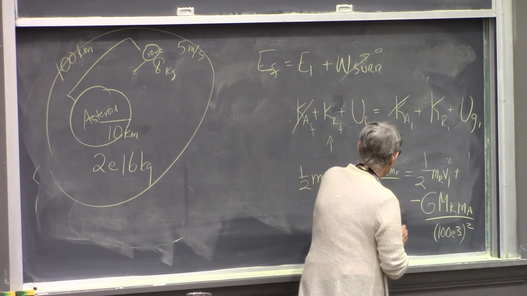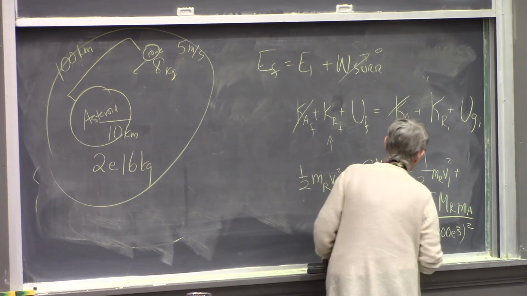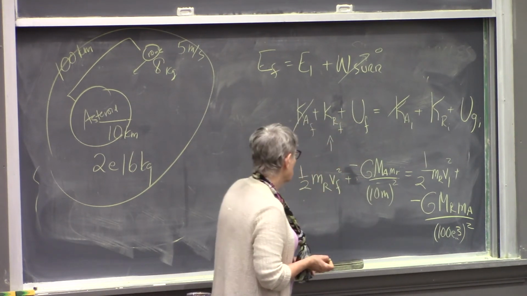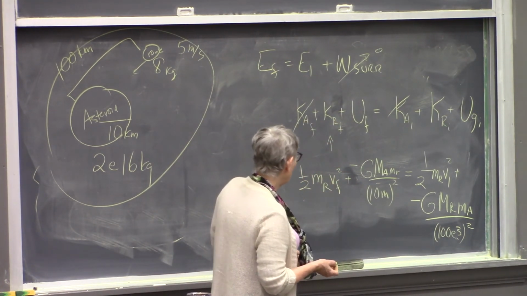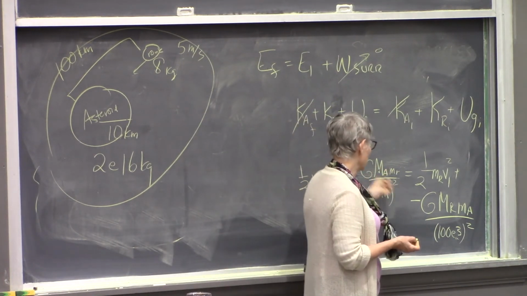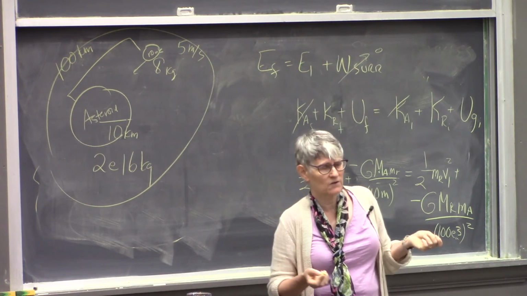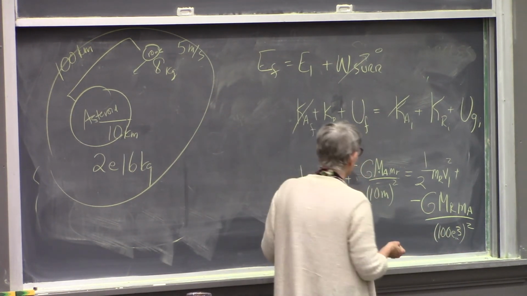And this is 10 meters squared. And we know all these things. We know G, we know the mass of the asteroid, we know the mass of the rock. So we could actually plug them all in.